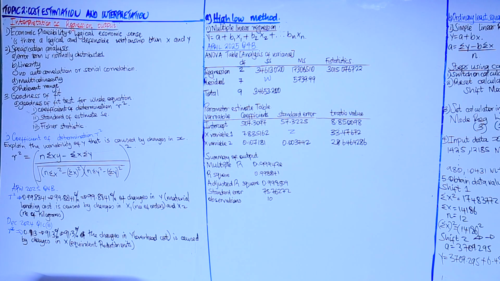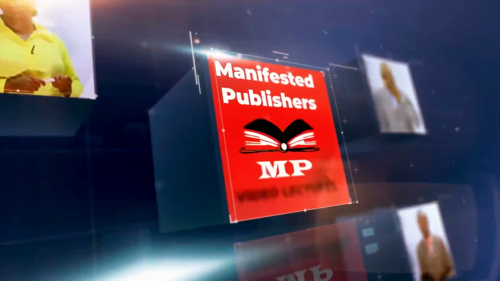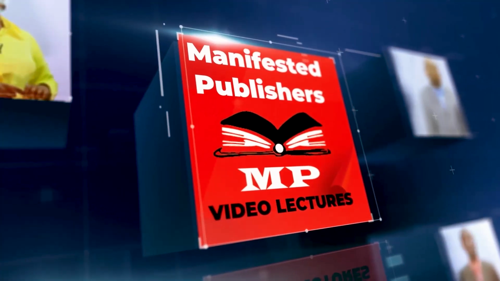That is how you interpret R squared, the coefficient of determination. That is the first measure I have talked about, R squared.